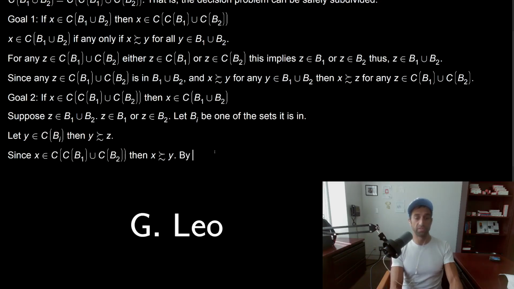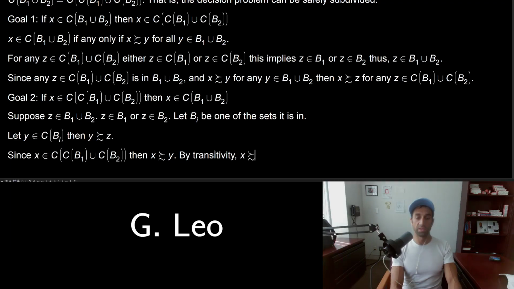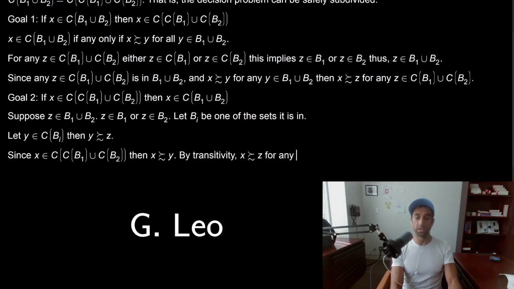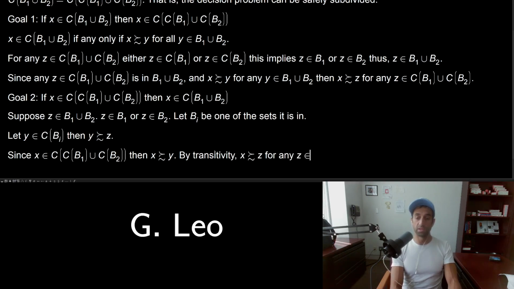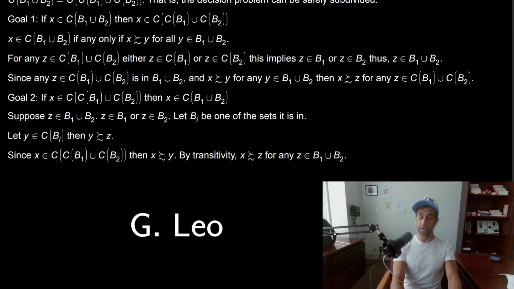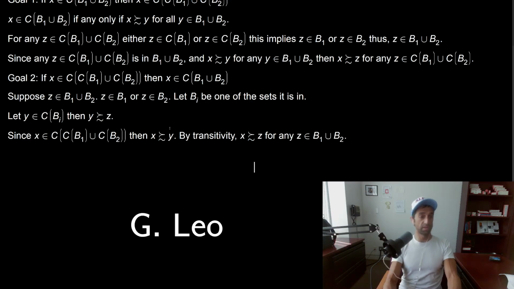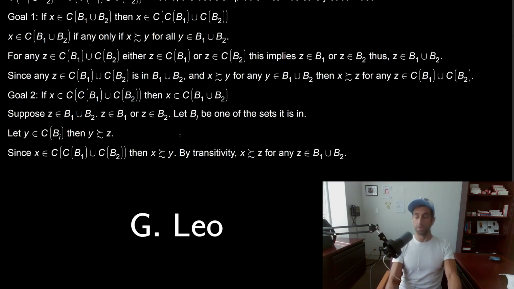And so then by transitivity, x has to be at least as good as z for any z in the union of B1 and B2. I said it was harder, but it felt easier in the end, except we had to leverage transitivity here. Okay, so I think that covers both of our goals. Yeah, nice.